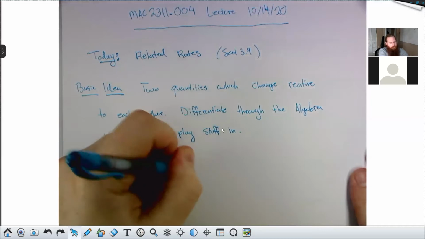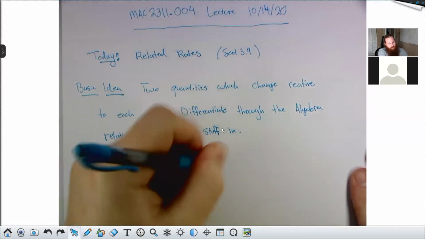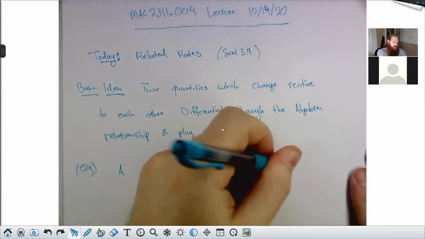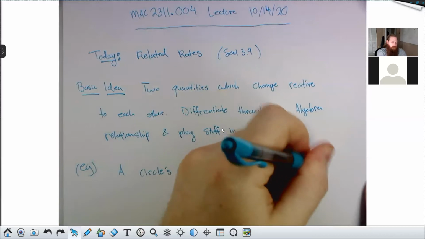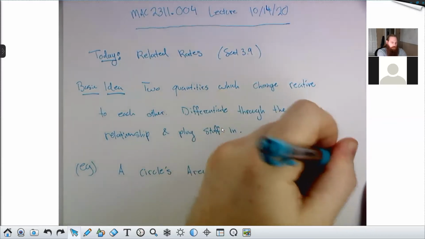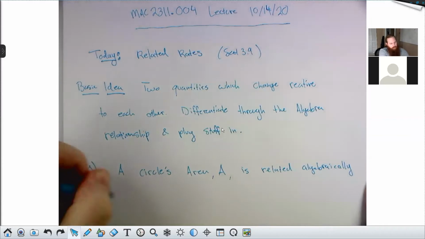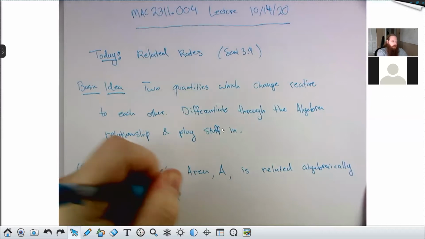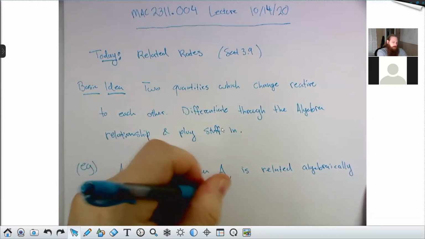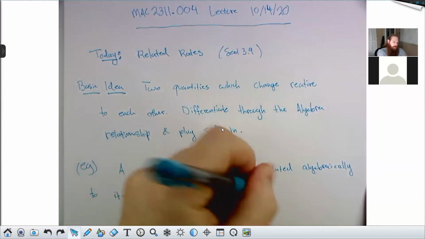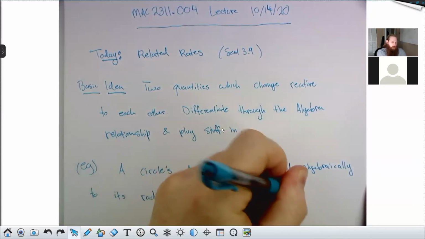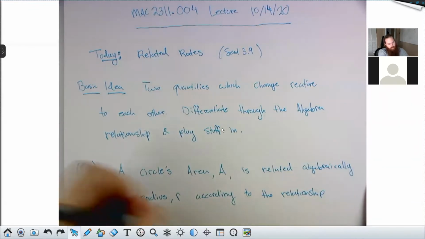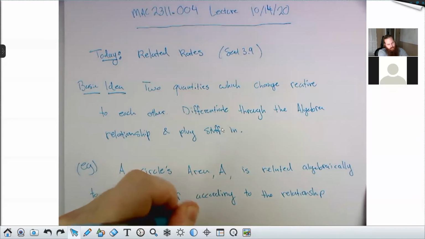A circle's area, A, is related algebraically to its radius, R, according to the rule or relationship, area equals pi times the radius squared.